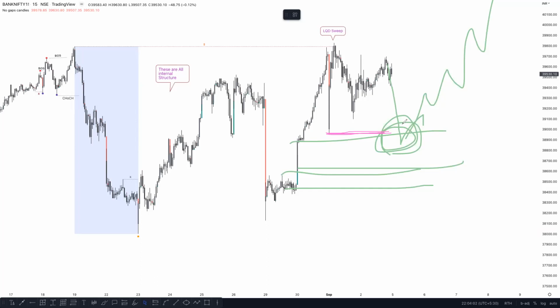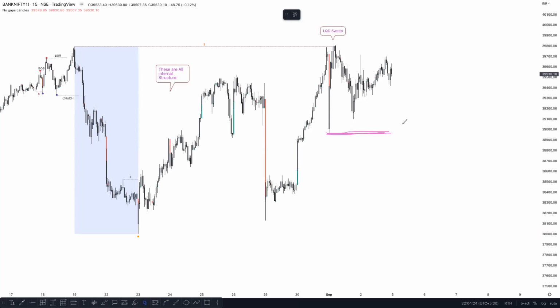First one, marking the structure. And the second priority is your inducement, not your order flow. The first priority is your inducement. After that, the third priority is your order flow. And after that, the fourth priority is your order block.